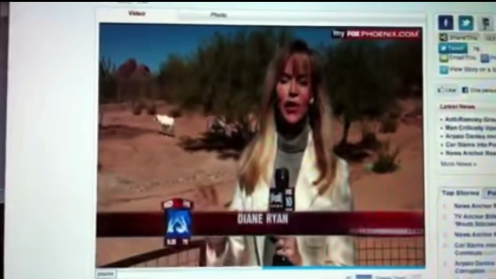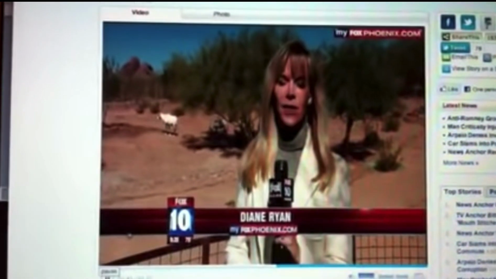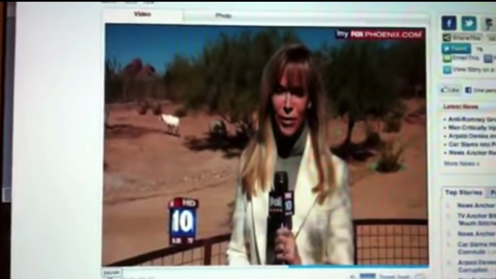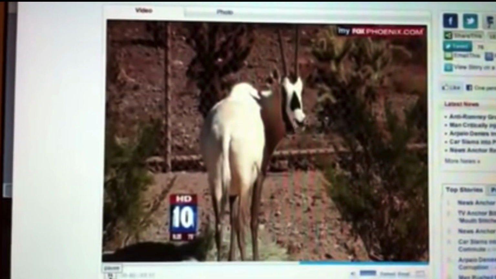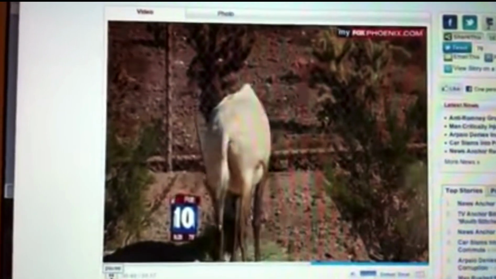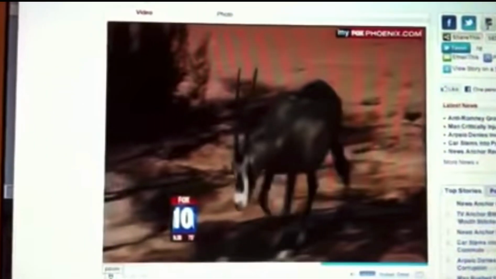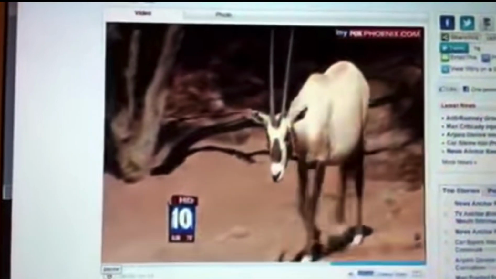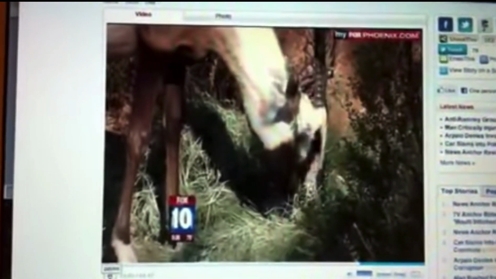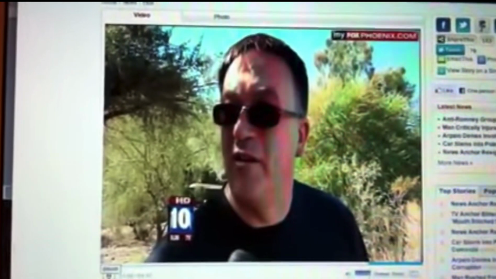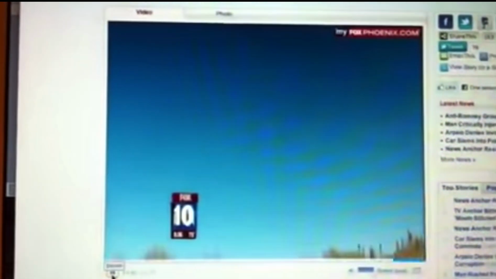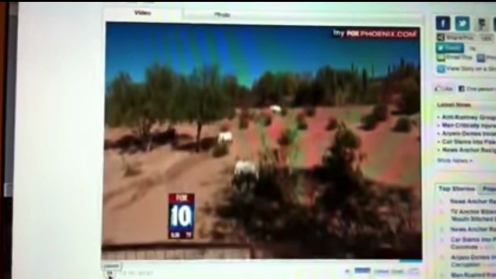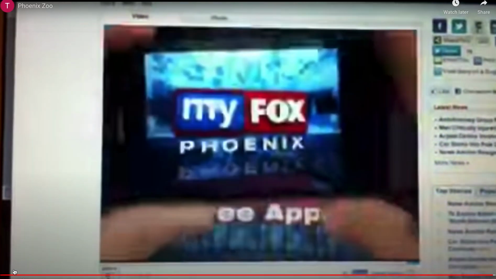The Arabian oryx has thrived here at the Phoenix Zoo. In the past 45 years, there have been 239 births. Many of the babies went to other zoos, wildlife preserves, and back to the Middle East. Dan Sabatis and a team of zoo vets went to Jordan to see how they were doing. Oh, we found a lot of fat and happy oryx over there. There are now more than 6,000 of the animals in the world, and that's good news. I think that's excellent that zoos like this can play a role in the preservation of animals. The species survival plan benefits everyone, not just the Phoenix Zoo. Diane Ryan, Fox 10 News. Get myfoxphoenix.com.